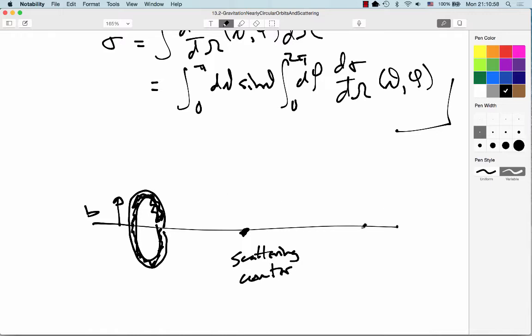And we'll interact with it somehow and go flying off at some angle theta, right? So if we come in from up here, probably the repulsion is weaker, and so we might come in on the shallower side of that.